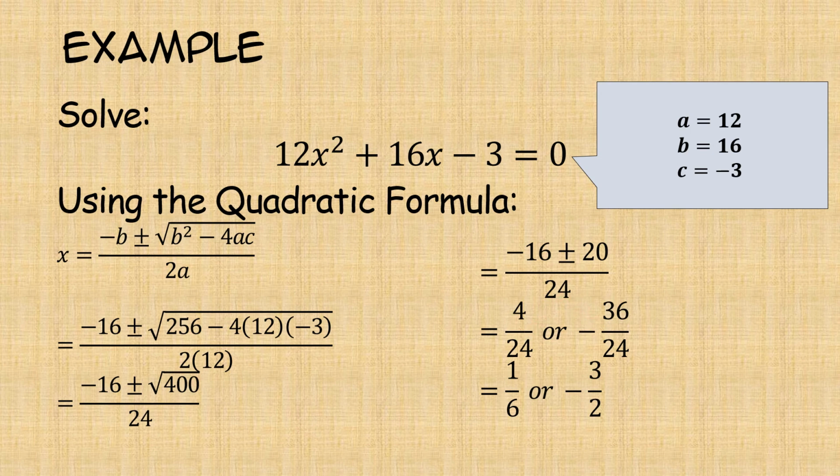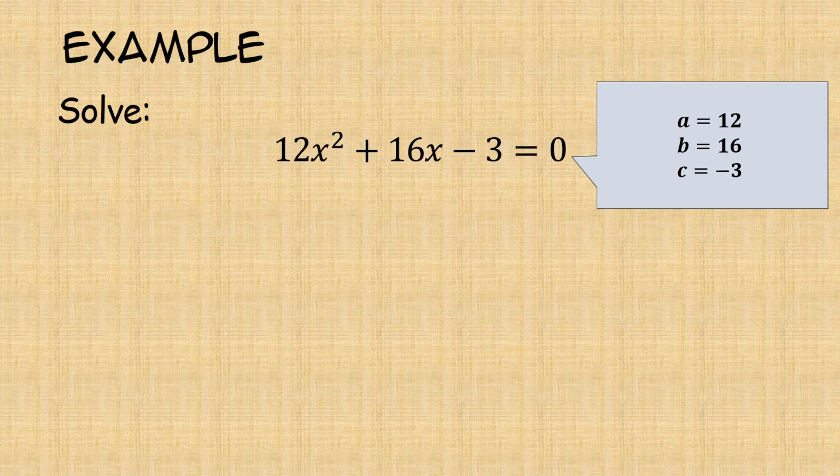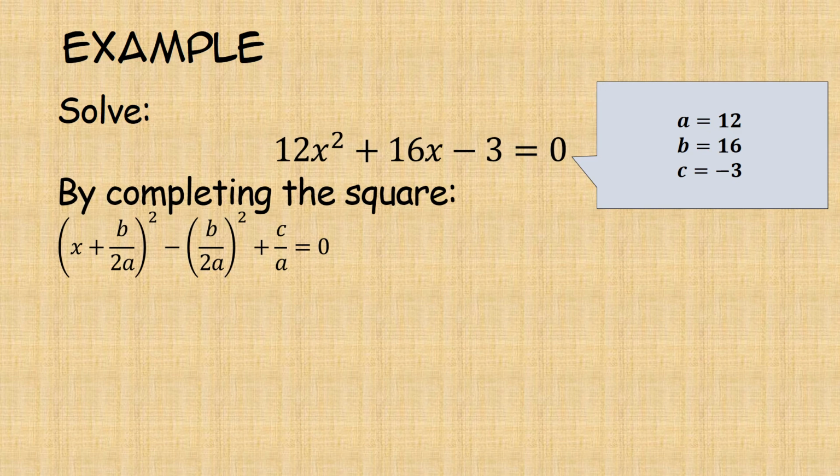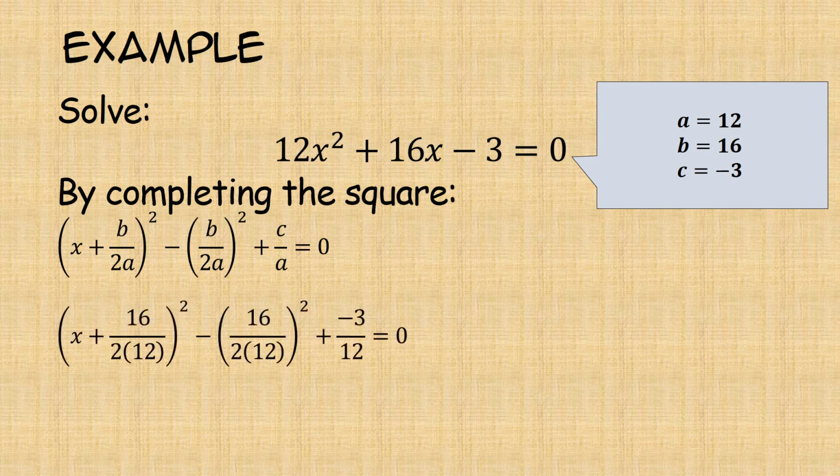Similarly, by completing the square, remembering the final result of our completing the square exercise before, we also just need to plug in the values of a, b, and c into this formula to get this. So we can simplify all the constants to get to a result which is x plus 2 over 3 bracket squared minus 4 over 9 minus 1 over 4 equals 0.